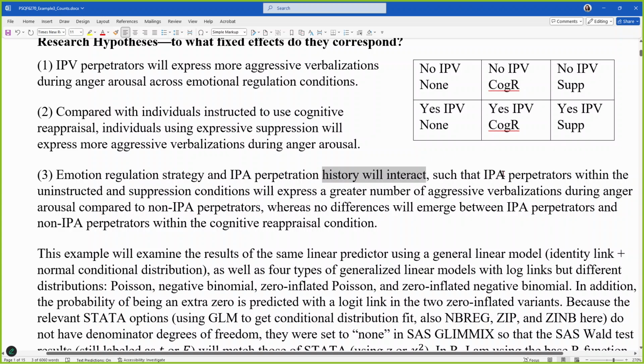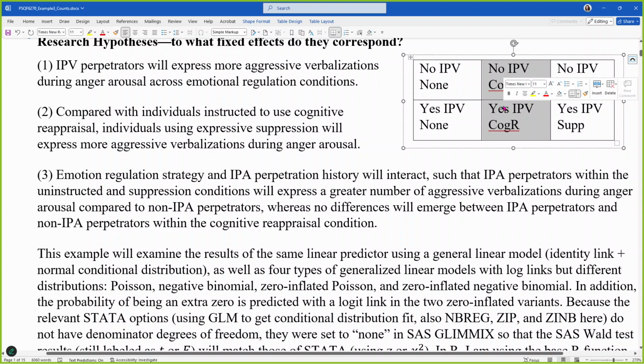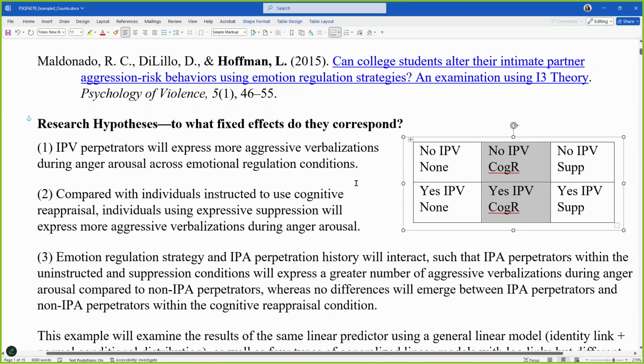So people who are perpetrators within these 2 conditions will express more anger compared to these people, whereas no differences will emerge in this one. So there'll be a bigger difference in IPV here than here. A difference of a difference.